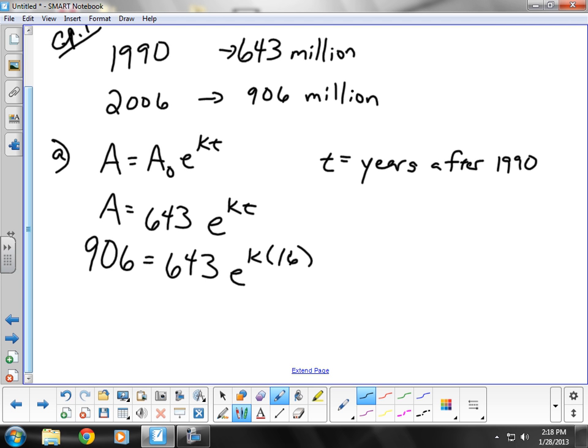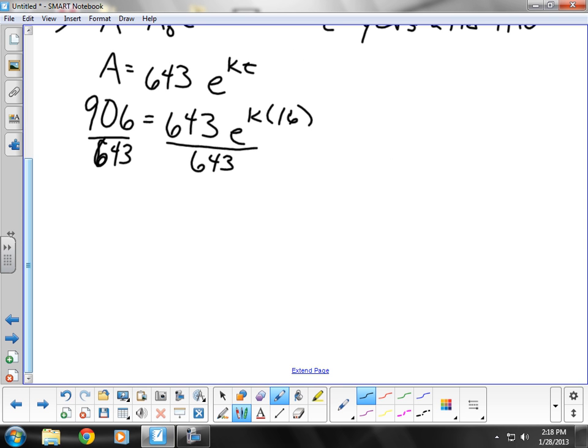So what do I do here? Divide both sides by 643 before I take the ln. I am going to take the ln of both sides. You're exactly right. But remember, before I can take the ln, I want to get rid of whatever's multiplied by the number that's being raised to the power.